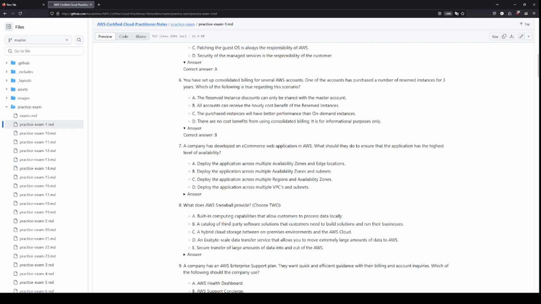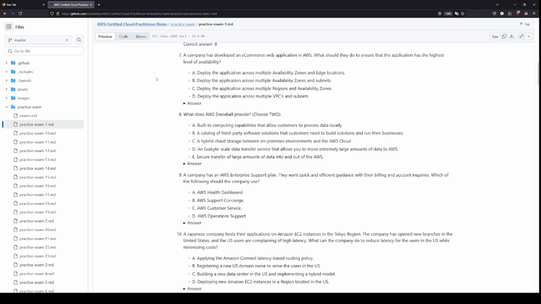So if you ever see an answer on any test that says there are no cost benefits or there are no benefits, think about it, because this is more than likely not true, right? Because why would AWS create a technology or a service, include the service in the certification exam, and then tell you there's no benefit? That just doesn't make any sense.